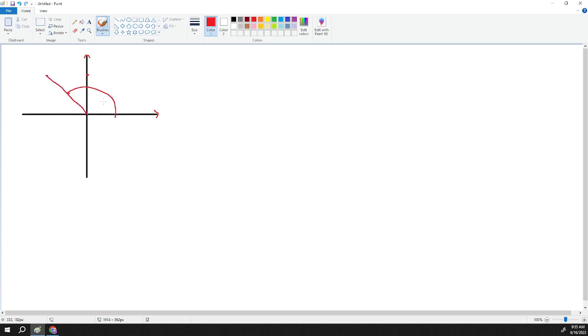So this is 120. I want to get the clock orientation. Our answer should be 330.